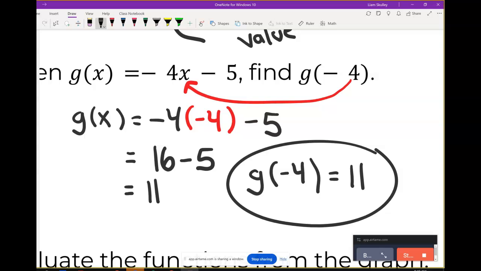Right. Again, you don't have to do anything with this g of x on this side and try to subtract the g of x from both sides or anything. You're just plugging it in for the x value of your equation, not for the notation piece.